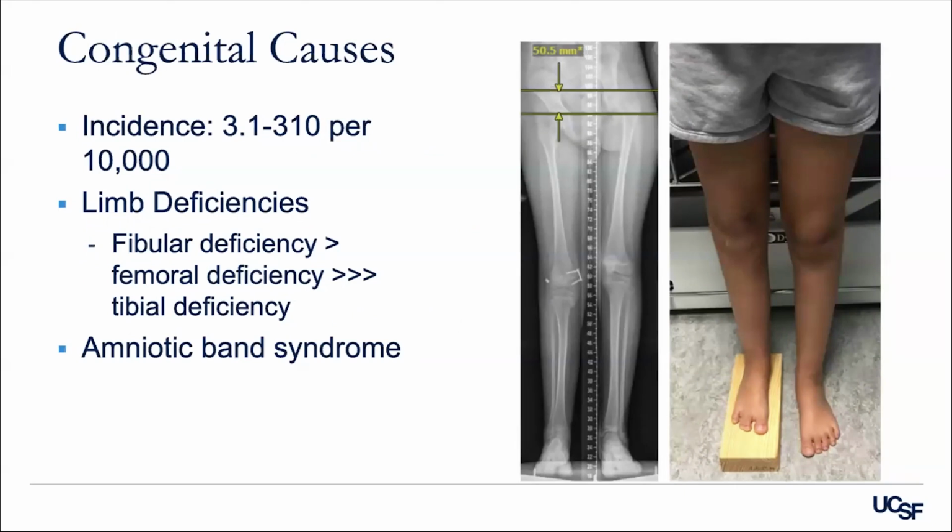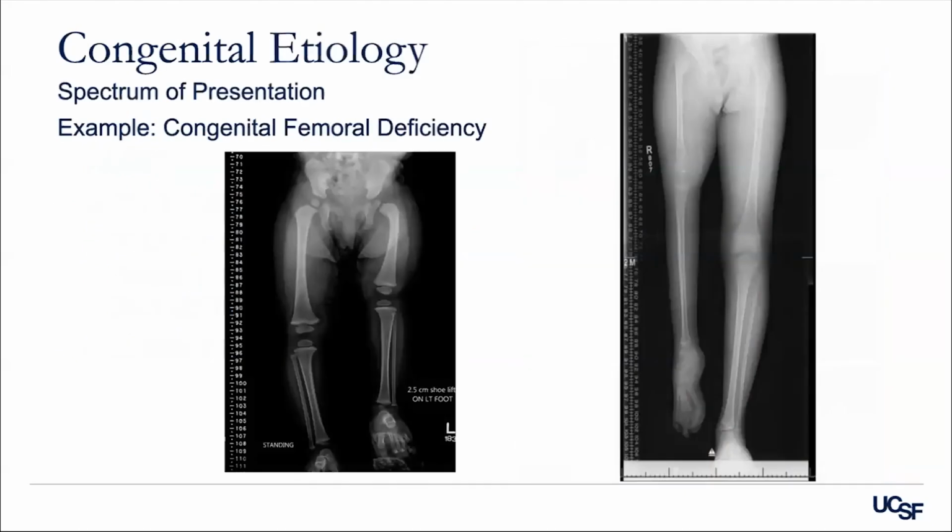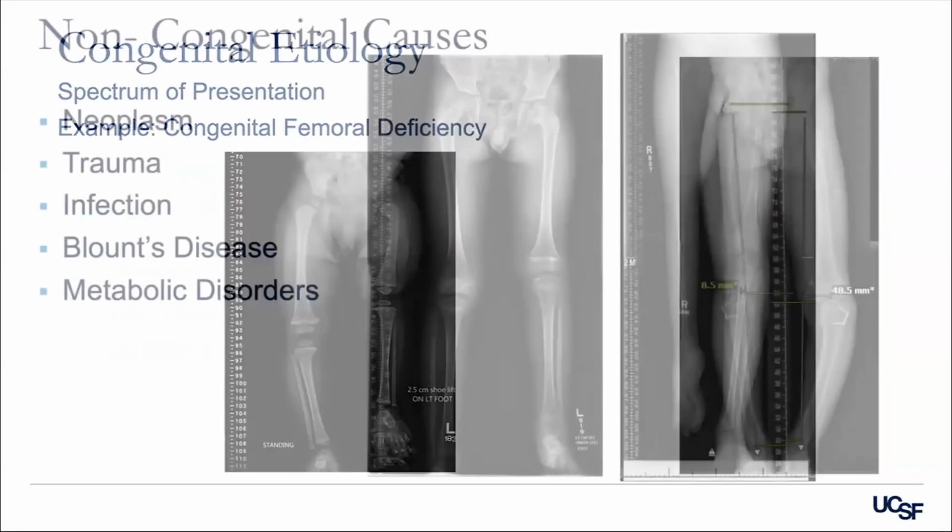Amniotic band syndrome also falls into this category. And even within a singular presentation of a congenital etiology, there is a large spectrum of presentation. So for example, in a congenital femoral deficiency, you can have a relatively mild leg length discrepancy compared to a very large leg length discrepancy with malformation of the joints.